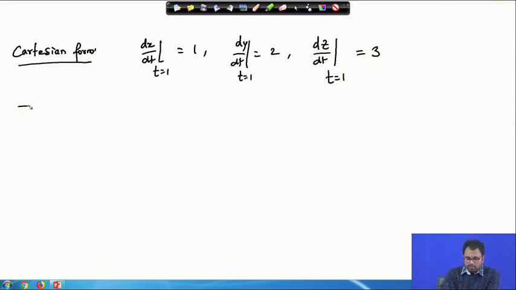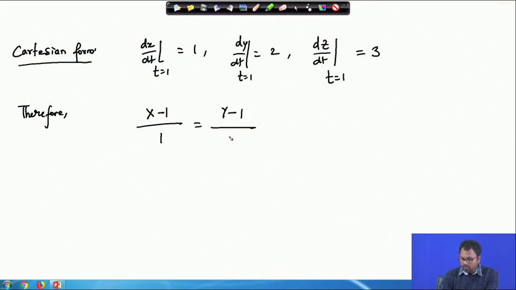And therefore, the required equation would be (X minus small x), where small x is the point P, that is 1, divided by dx/dt, which is again 1, and then we have (Y minus small y), that is 1, divided by dy/dt, which is 2, and (Z minus 2/3) divided by 3.